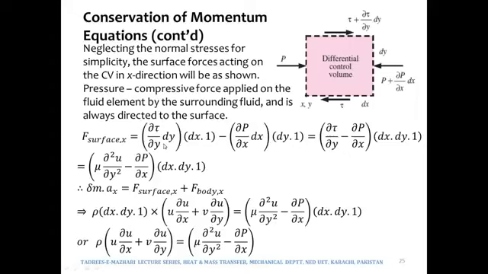So we can see over here dx times dy times 1, and over here we have dx times dy times 1. So we can take dx times dy times 1, which is the volume of this differential element, common out of both these terms. So we would be left with ∂tau/∂y minus ∂p/∂x.